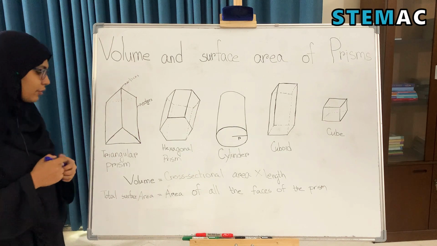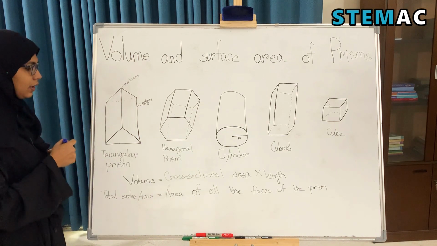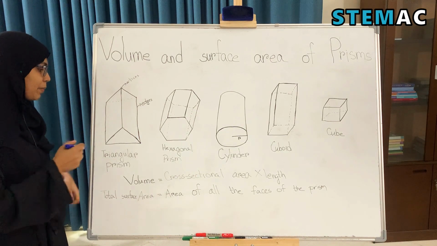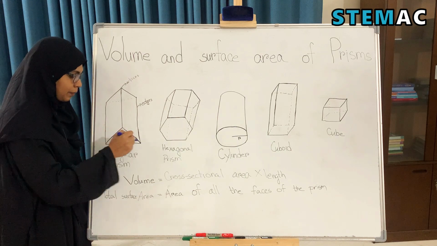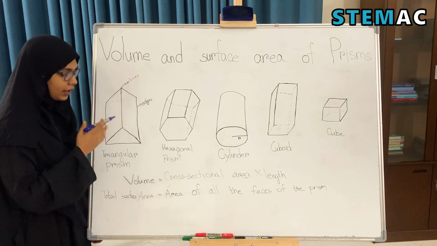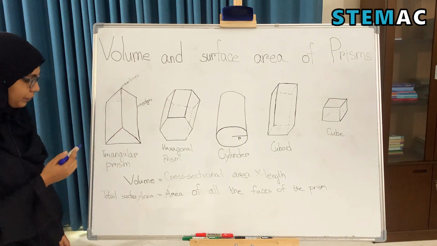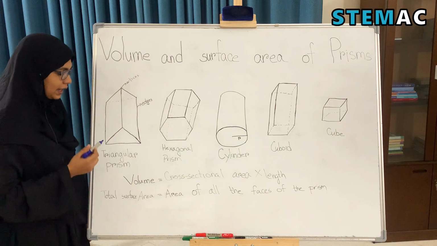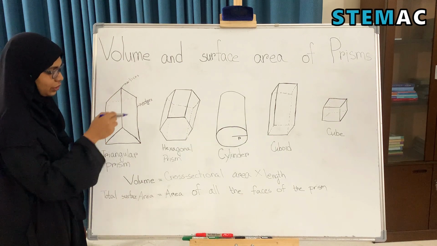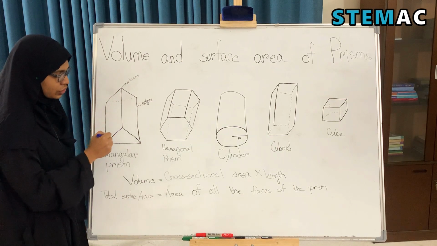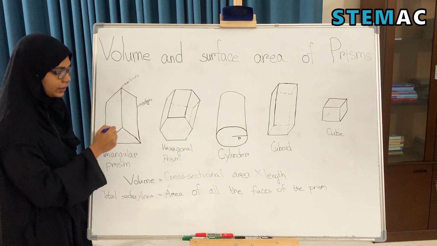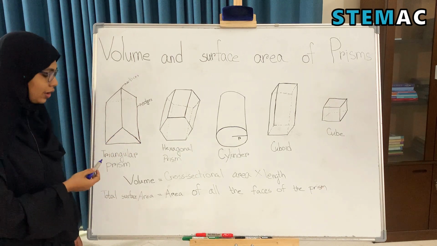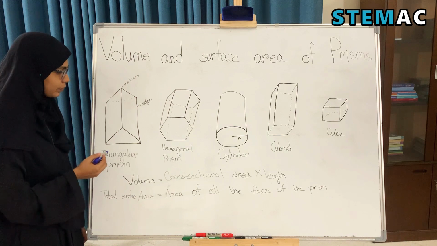Prisms can be of different types, and they are named based on the cross-sectional area they have. For example, this prism here has a triangular cross-sectional area, so it's called a triangular prism.